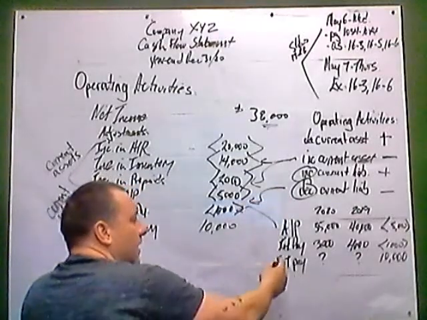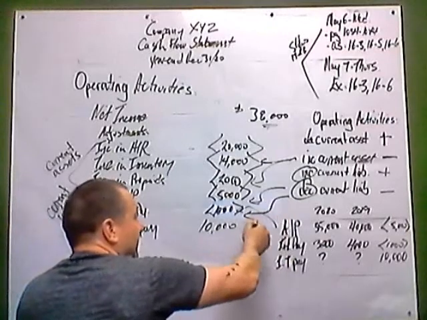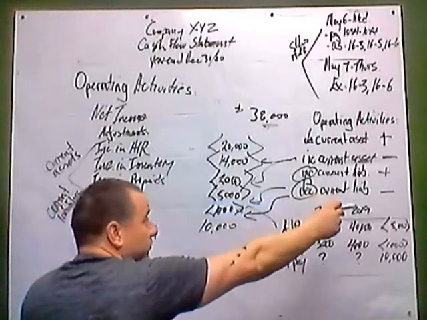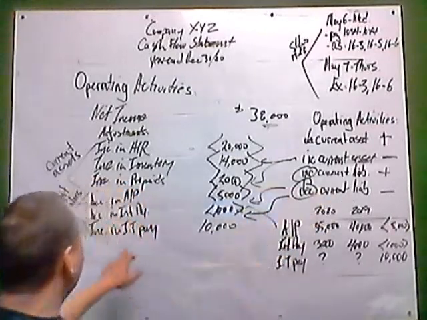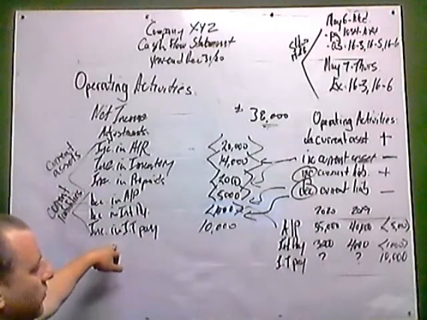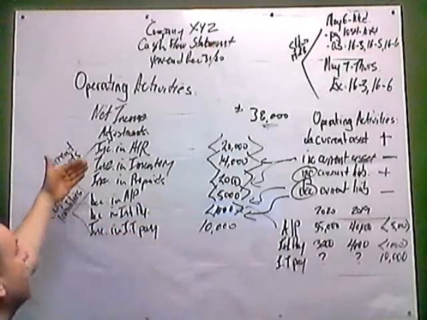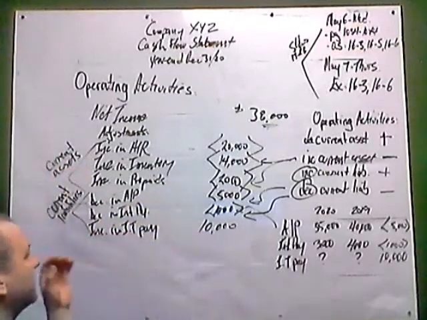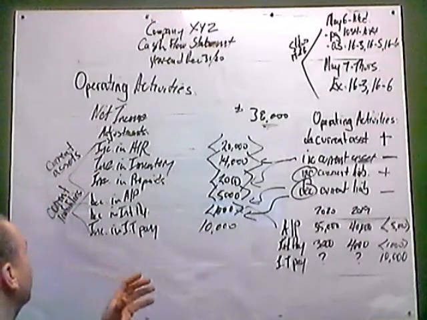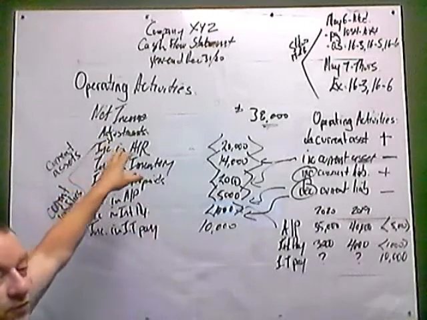Same thing in interest payable, it decreases, so we're going to subtract that. Again, a decrease in current liability subtracts. Now we have an increase in our income tax payable of $10,000. With an increase in current liabilities, we add that to net income. So that takes care of all of our current asset and current liability sections on our balance sheet that we have to report to the cash flow statement.